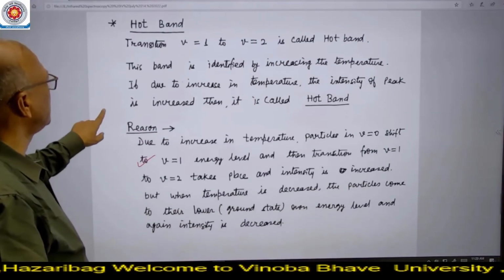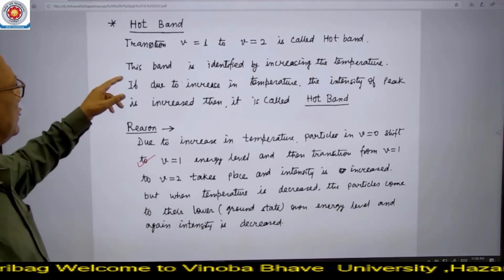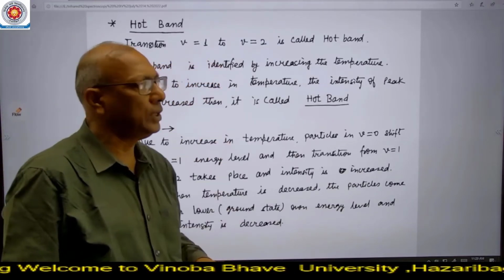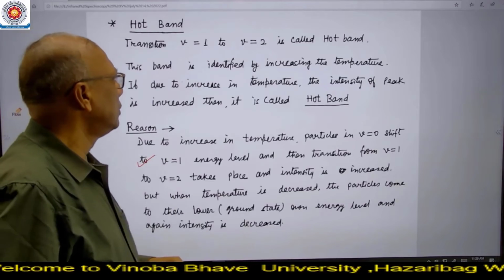Now the next term is hot band. The transition V equal to 1 to V equal to 2 is called the hot band.